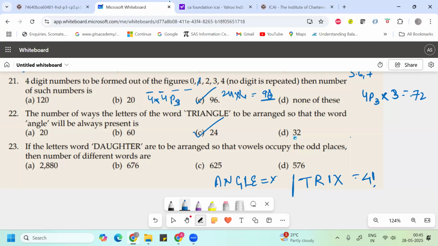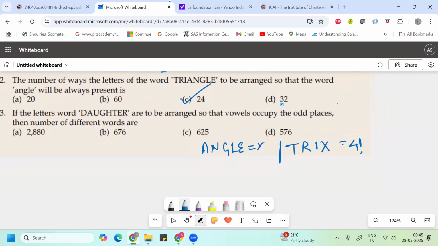Okay. So then question number 23: if the letters of the word DAUGHTER are arranged so that the vowels occupy odd places. So DAUGHTER is an 8-letter word, with places 1, 2, 3, 4, 5, 6, 7, 8.